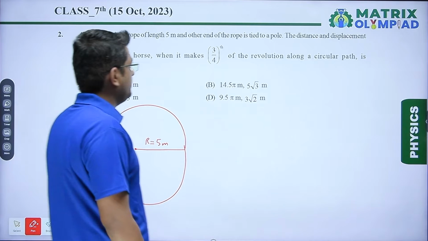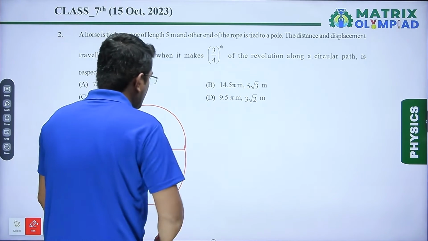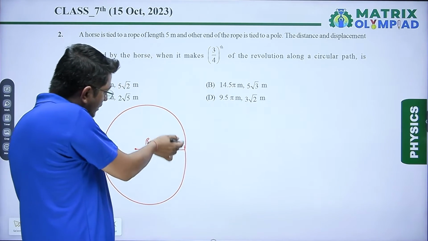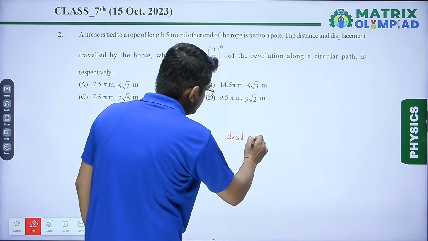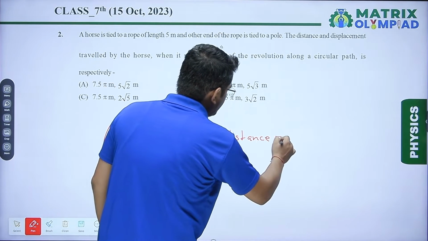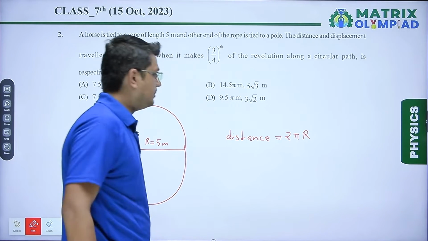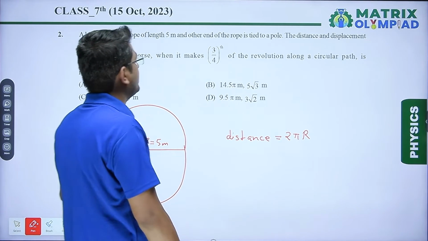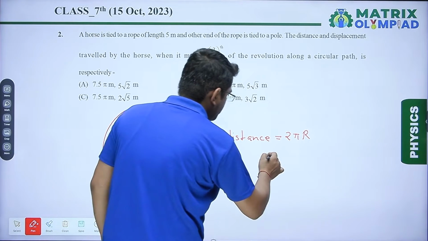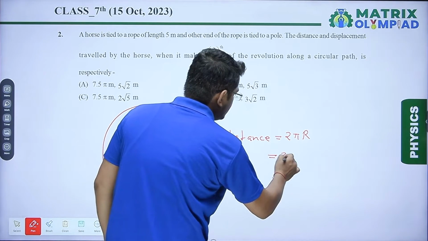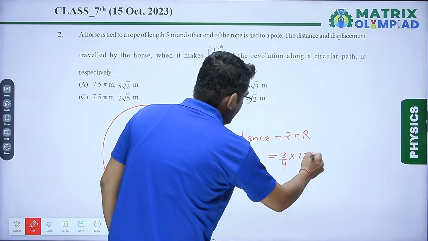So we know that first of all we have to calculate the distance. If the horse covers a complete round, then the distance is given by the circumference of the circular path, but the horse is only traveling 3/4 of the circular path, then it means we will write 3/4 multiplied by 2 pi r.